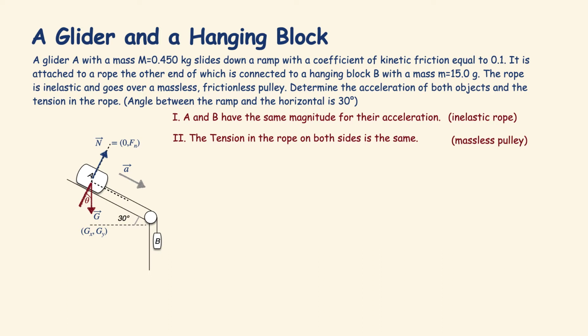In this little red triangle, the adjacent side turned out to be the y component. Using trigonometric relations, we saw that the y component had to be mg cosine theta with a minus, because it points opposite to my choice for positive y.